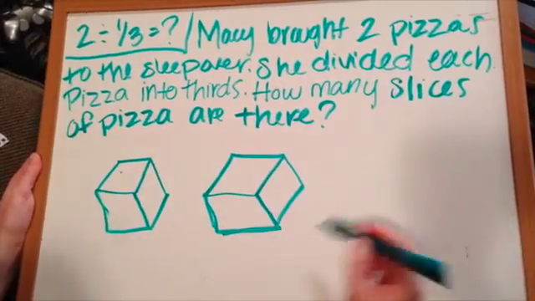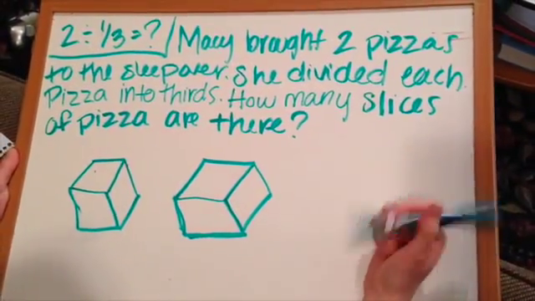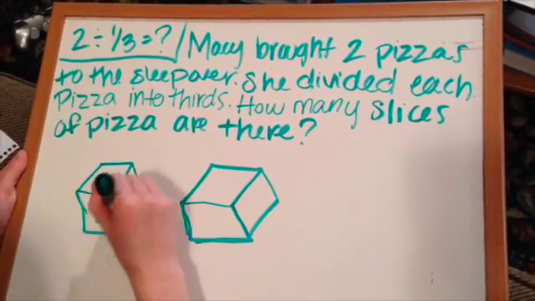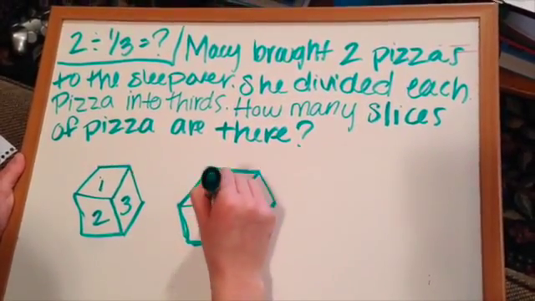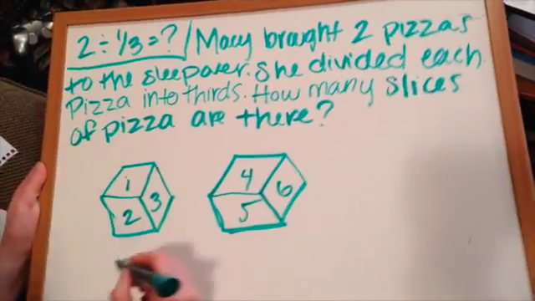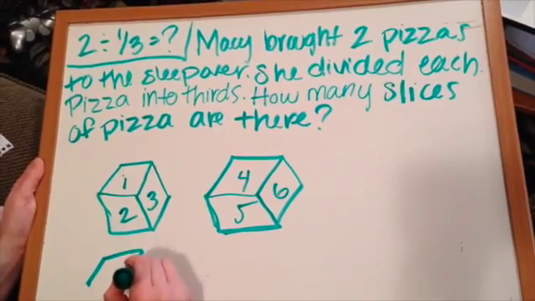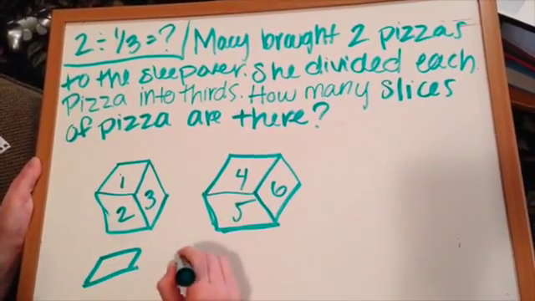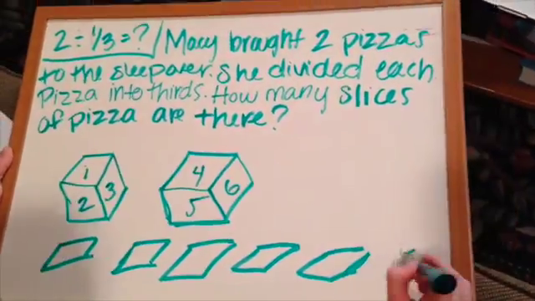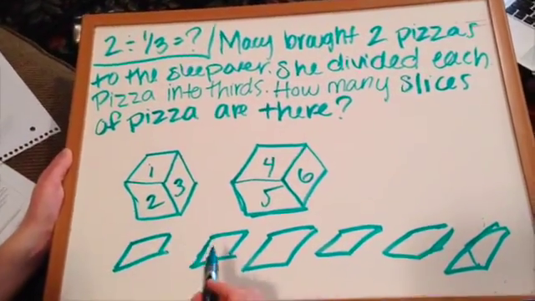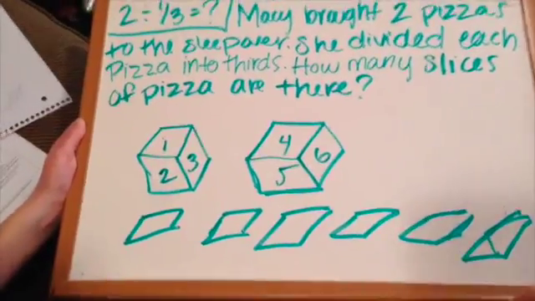So each one has thirds. And now we're just finding out how many there are. And there are, once again, 1, 2, 3, 4, 5, 6. But to show it, we can draw out each of the thirds. So once we split that up, there are 6 pieces. 1, 2, 3, 4, 5, 6.